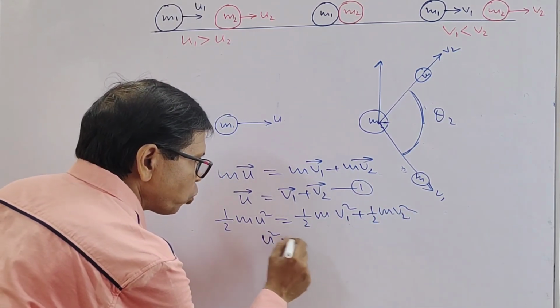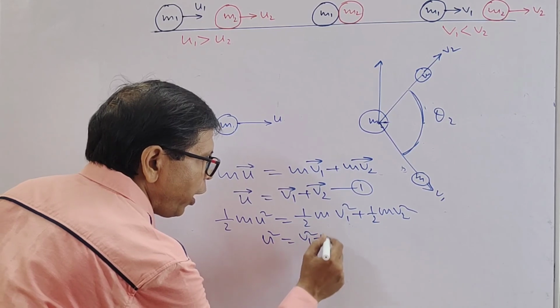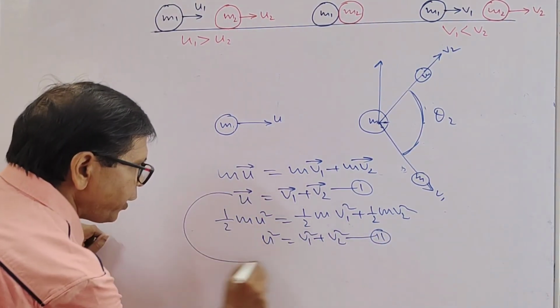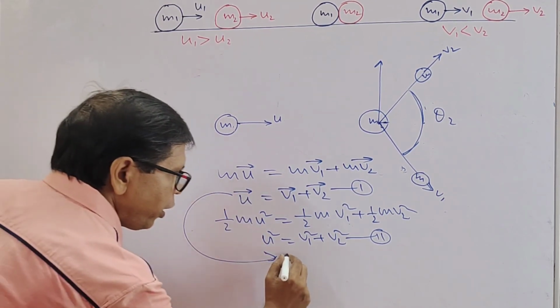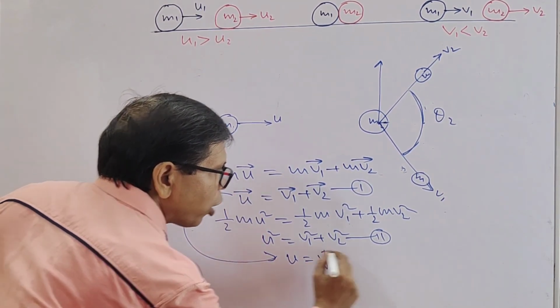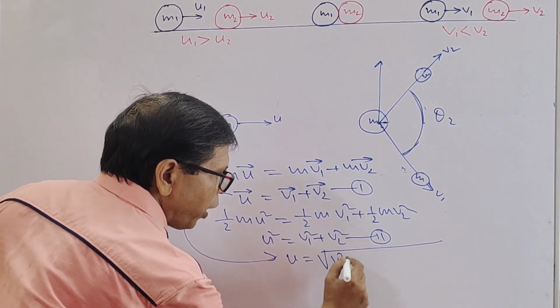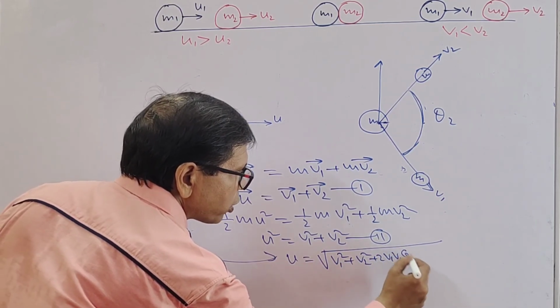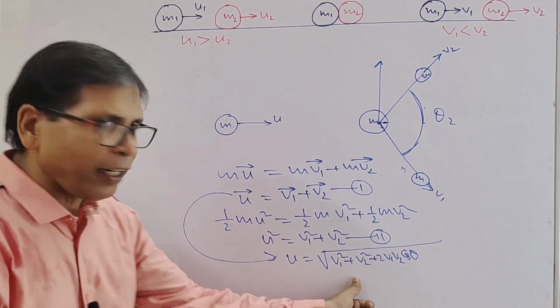So look at this, u square equals v1 square plus v2 square. This is equation 2. Now from this we can write u equal to root under of v1 square plus v2 square plus 2 v1 v2 cos theta. It is the vector formula.